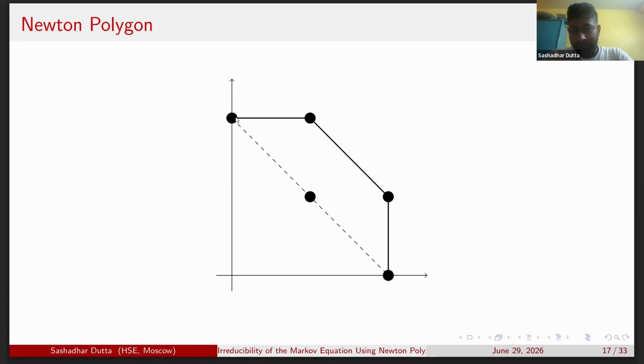So this is our lower edge here. It is situated on the x-axis and y-axis, on the boundary. And the important factor is that for our cases, the whole Newton polygon is situated in the first coordinate, the plus plus coordinate.